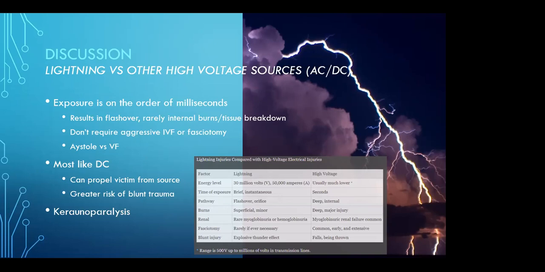You could also get blunt injury, more likely with lightning injury because it propels a victim from the source, kind of like DC current would do. So there's a greater risk of blunt trauma with that. And then the other unique thing with lightning would be keraunoparalysis. I won't really talk about that anymore because it's already been discussed, but that's also unique to lightning.